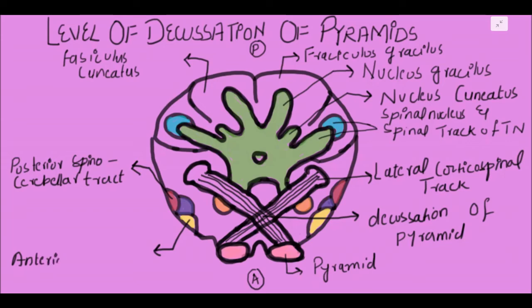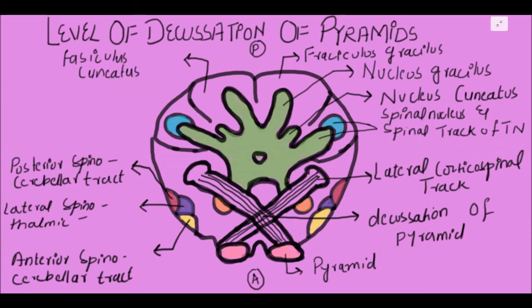One is posterior and the other is anterior spinocerebellar tract. And the one in the middle is called the lateral spinothalamic tract.